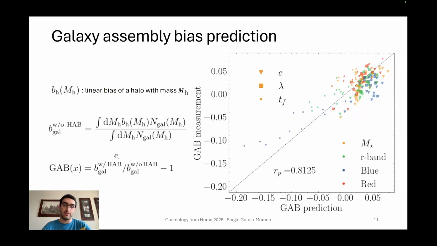Then, taking the ratio of the linear bias which utilizes halo assembly bias and that which doesn't, we can obtain a galaxy assembly bias prediction that, when plotted against the galaxy assembly bias measurements, correlates with the measurements with a Pearson correlation coefficient of 0.8.